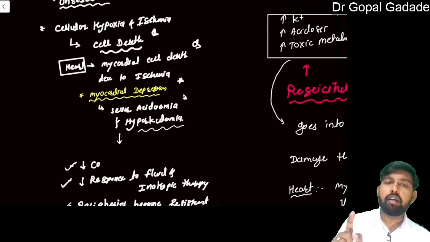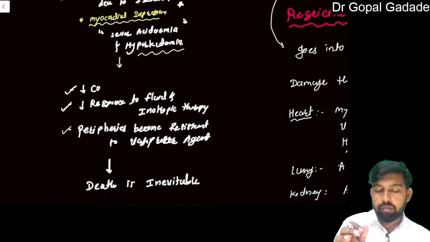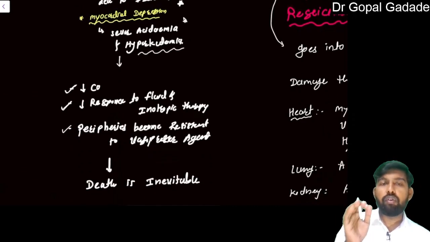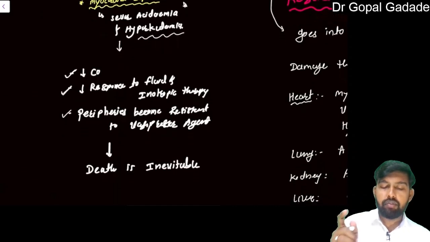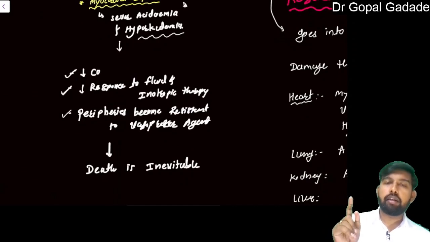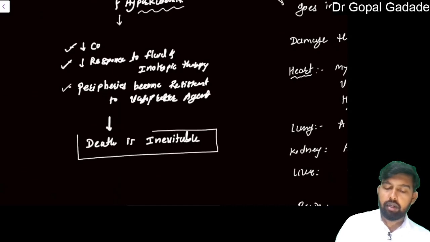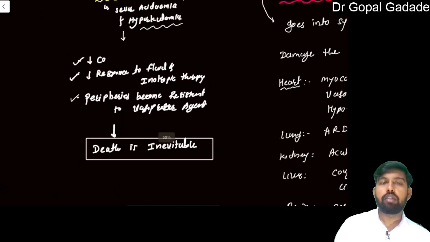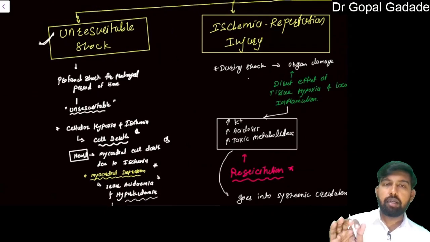This ultimately leads to decreased cardiac output and decreased response to fluid and inotropic therapy. Because of this, the periphery becomes resistant to the vasopressor agents, that is adrenaline and noradrenaline, and in this case the death is inevitable. So this is the unresuscitable shock state.